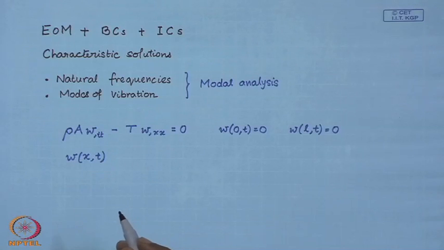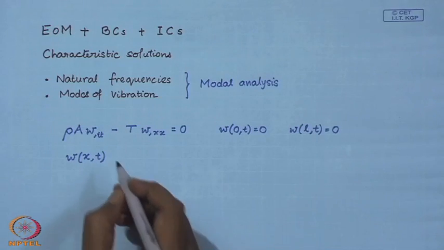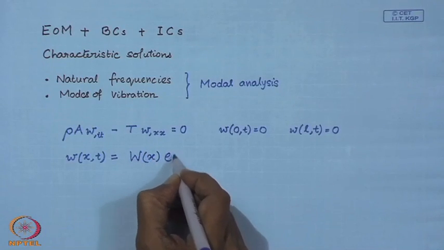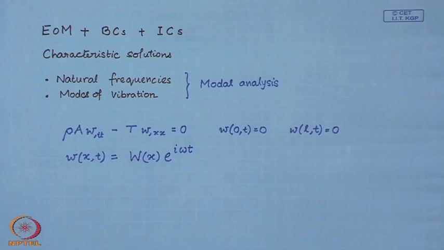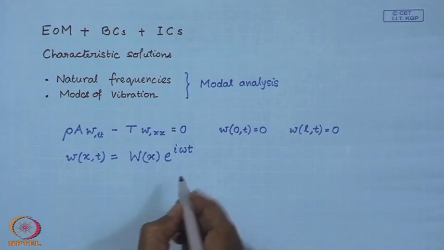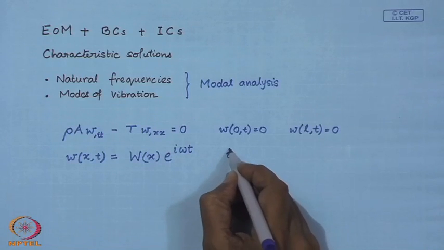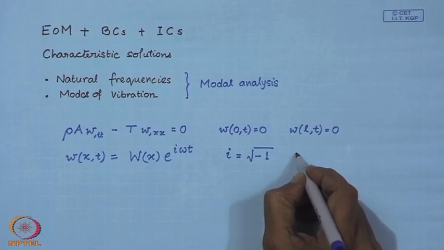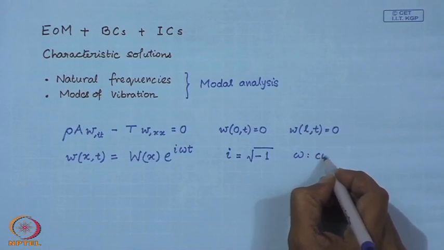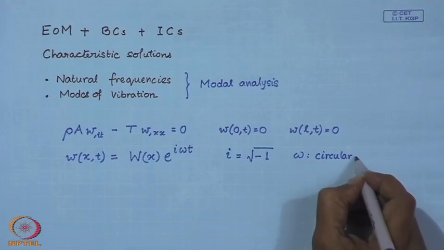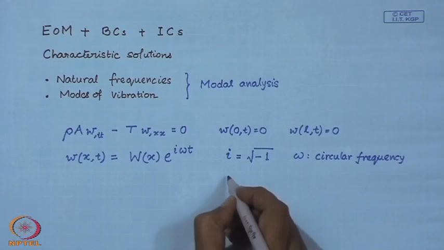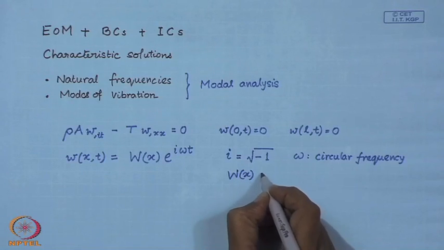Now, when we do modal analysis, we are searching for solutions of a very special form, which look like this, where i is the square root of -1, omega is known as the circular frequency, and W is the amplitude function.